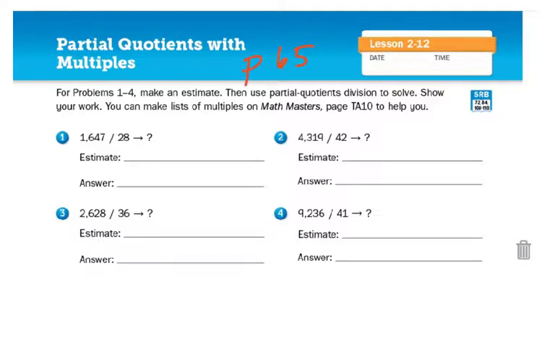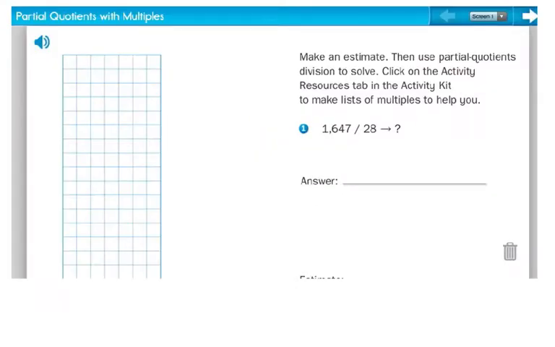So it's up to you how you want to go about doing this. I'm going to go into another screen so I have a little bit more space to work. But we are on page 65, and we're working on 2-digit divisors again. So I'm just giving myself a little bit more space, just like you would if you're using your graph paper.